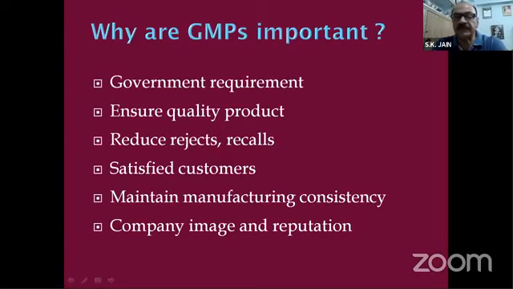And it maintains manufacturing consistency, meaning there will not be any variation from batch to batch. So the product you get from the pharma industry is consistent. It also affects the company image and reputation. That is why adoption of good manufacturing practice is important.